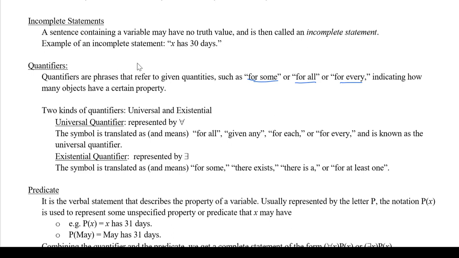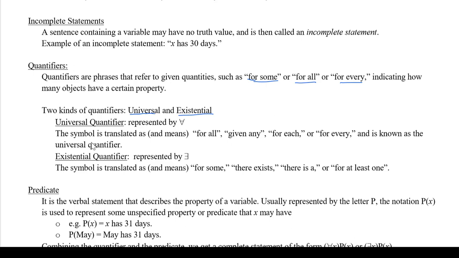So we have two kinds of quantifiers, universal and existential. The universal quantifier is represented like an upside-down A, like this one. The symbol is translated as and means for all, given any, for each, for every, and is known as the universal quantifier.